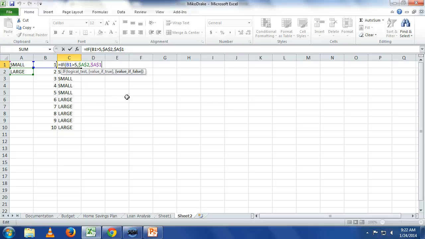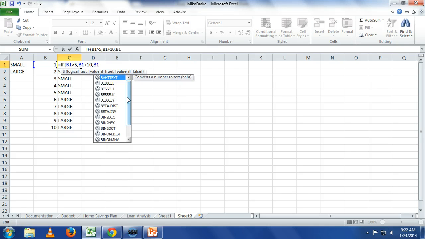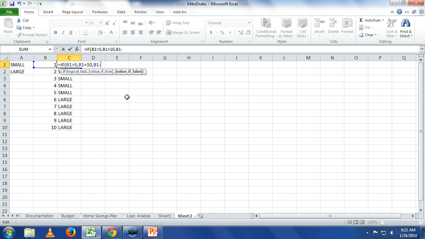Let's say if B1 is greater than 5, we're going to take B1 and add 10. And we'll say if B1 is less than 5, then let's take B1 and for whatever reason subtract 10.